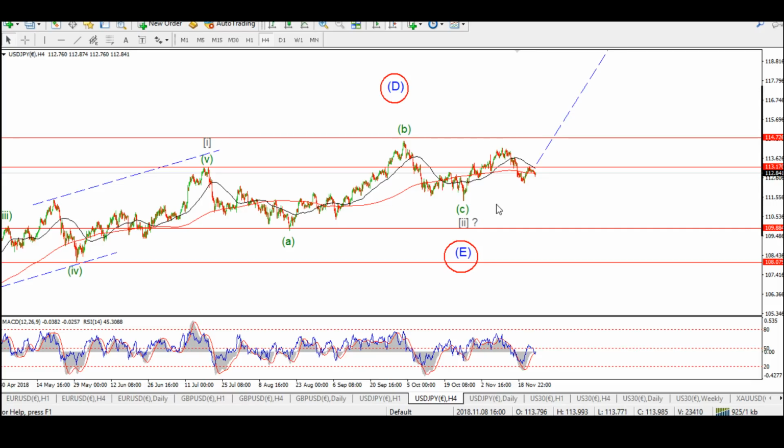Dollar yen has been a bit of a bugbear for me over the last while, trying to figure out why the short-term patterns don't quite fit the larger pattern. I'm pretty confident in either one of the larger patterns here, either the wave 1 up and completing wave 2, or completing a triangle in a B wave.